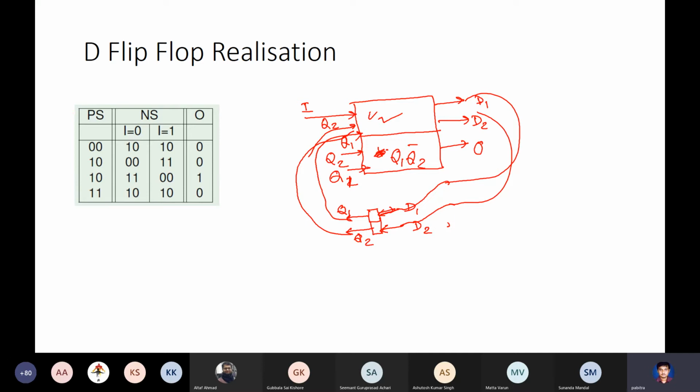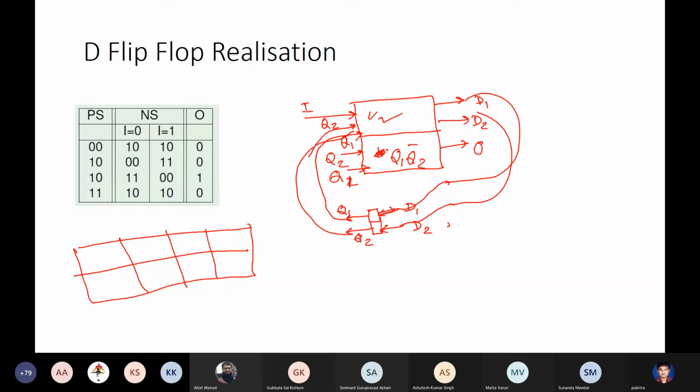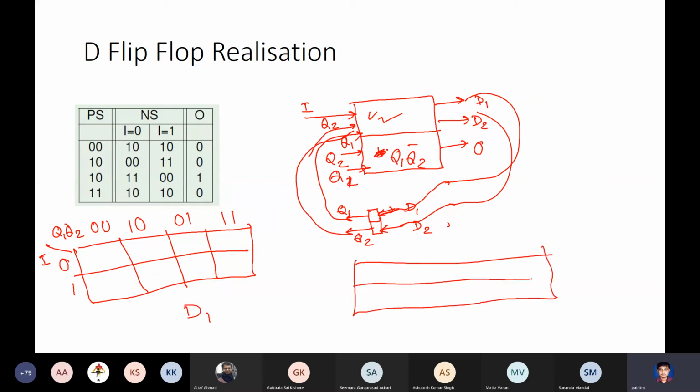There will be two Karnaugh maps, each of three variables. This is for D1. Let's say I have another Karnaugh map for D2.